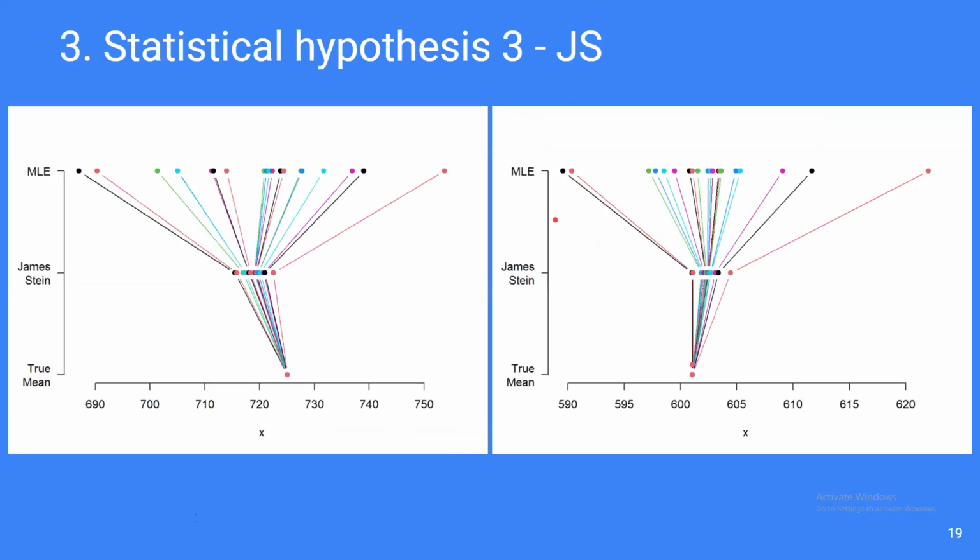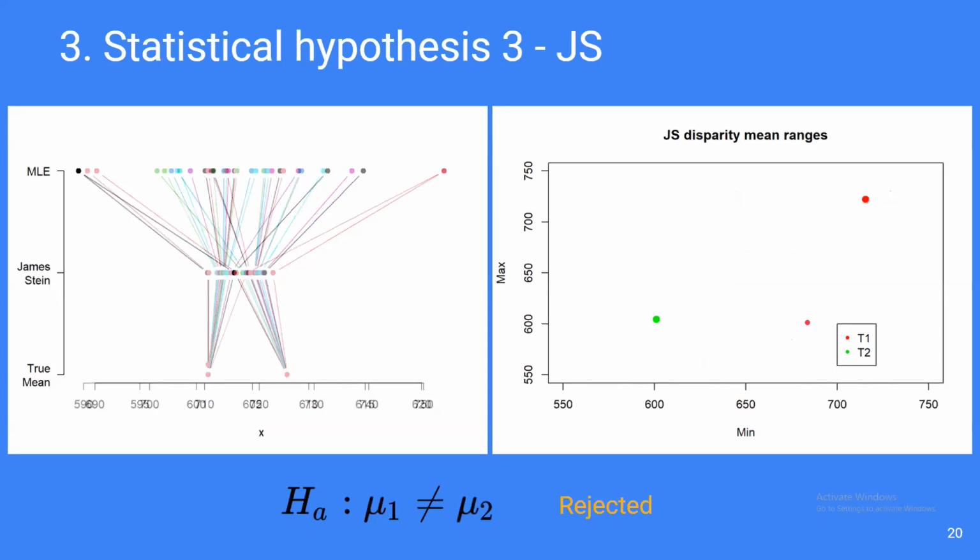Going to the next one with the James-Stein, for time frame number 1, we do a bootstrapping, and then we try to approach it with an MLE, a James-Stein, and we know the true mean of the distribution. Same for the time frame number 2. We take the 20 different points for the MLE, the James-Stein, and we know the true mean.